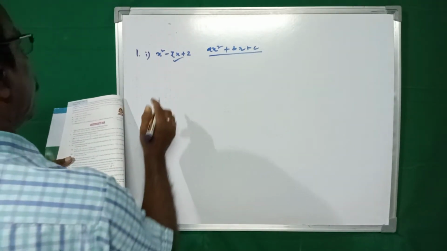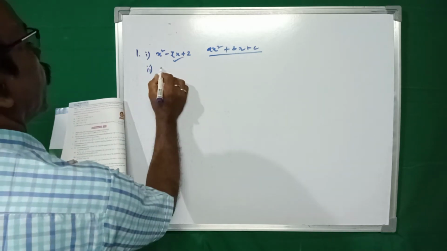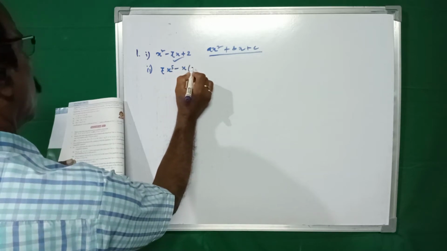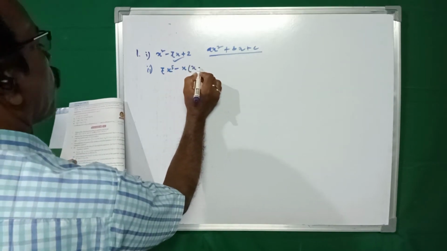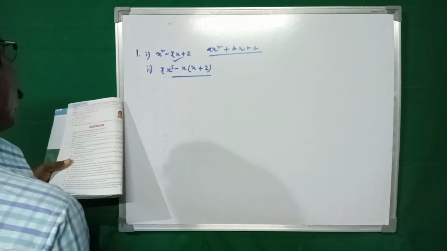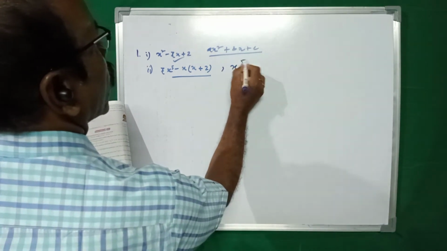Similarly, in the second, 7x to the power 5 minus x into x plus 2. It is not a quadratic polynomial because the power of x is 5.